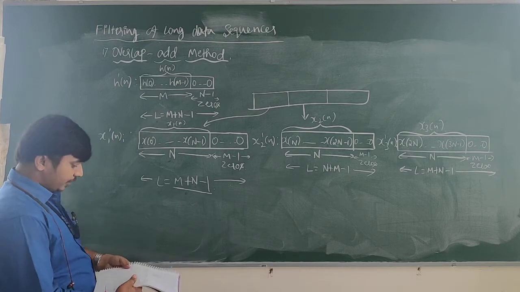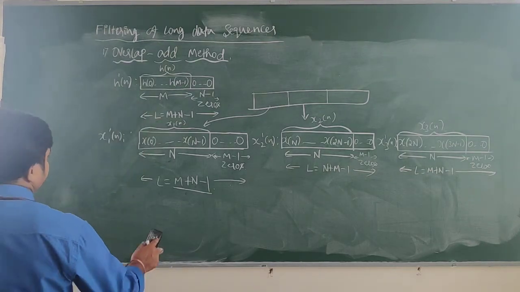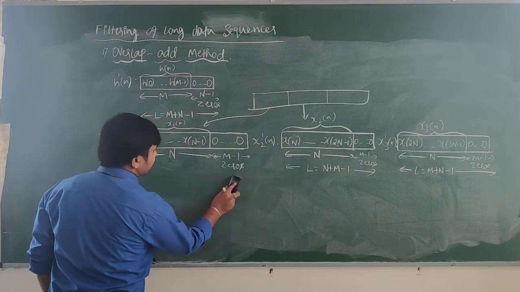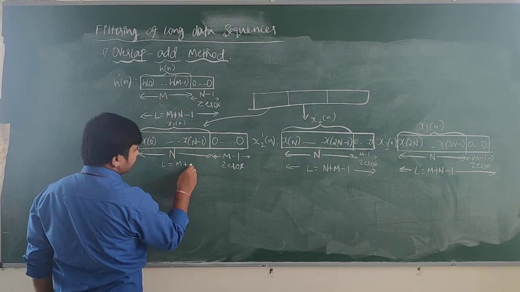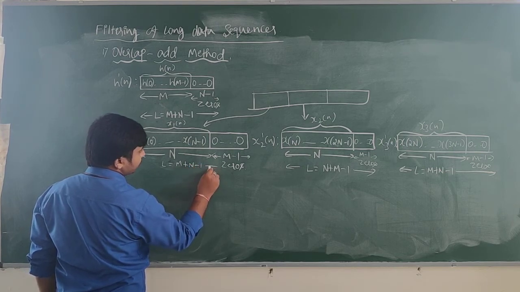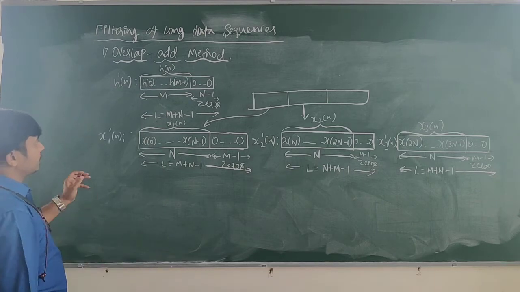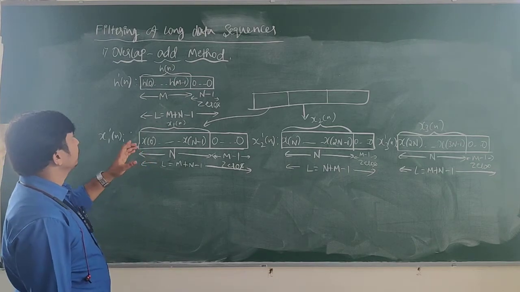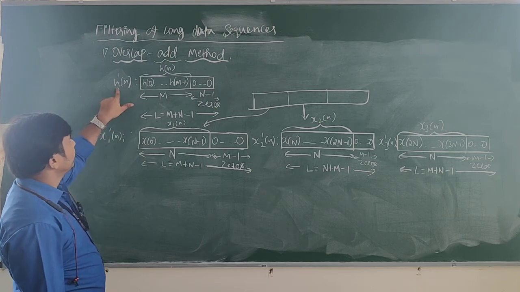Next, I will perform the convolution. First is x1 dash of n with h dash of n.